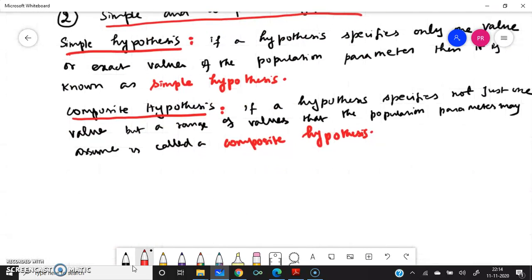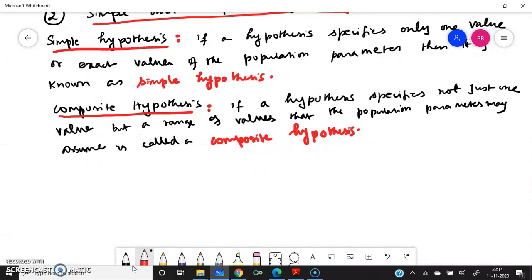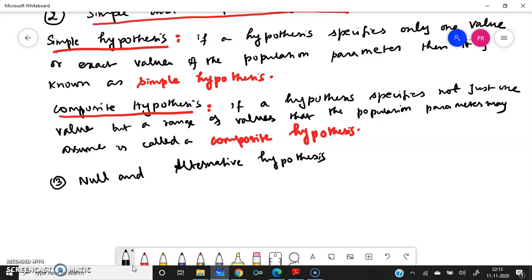Now we'll see the important point. The second is complete. The third part is nothing but we are going to learn about the null hypothesis and alternative hypothesis.